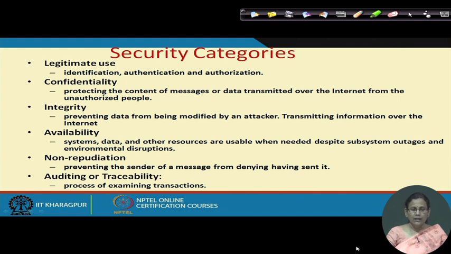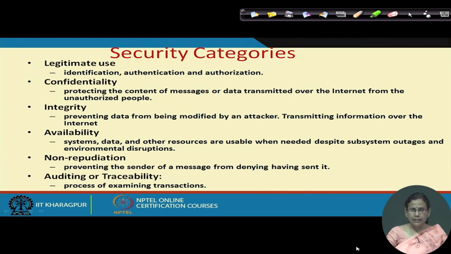By authentication we mean a level up from identification, where the identity gets verified. Then there is authorization. Once you are identified and authenticated, you are authorized to conduct certain transactions. So, these 3 things are related in some way.